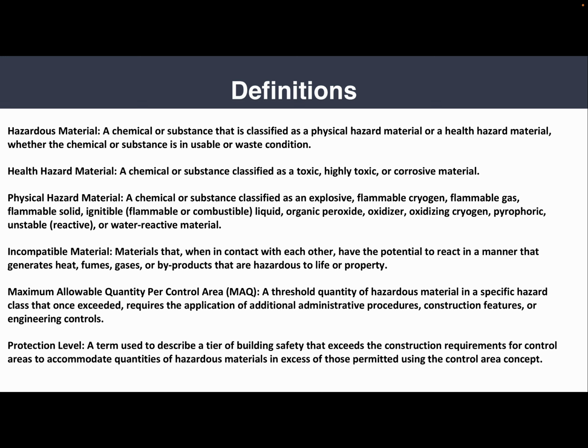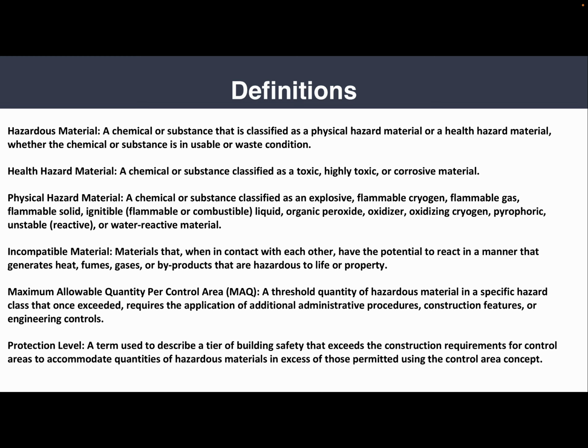And a physical hazard is a chemical or substance classified as an explosive, flammable, carcinogen, flammable gas, flammable solid, anything that causes harm physically. And we have incompatible materials, the materials that, when in contact with each other, have the potential to react in a manner that generates heat, fumes, or gases. For example, in the DOT classification, we cannot store oxidizers with flammable liquids or flammable gas.